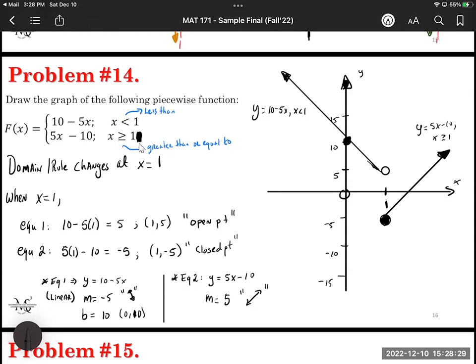But is 0 greater than or equal to 1? No, 0 is not, so I cannot plot a y-intercept there. And that's the reason. Any other questions?